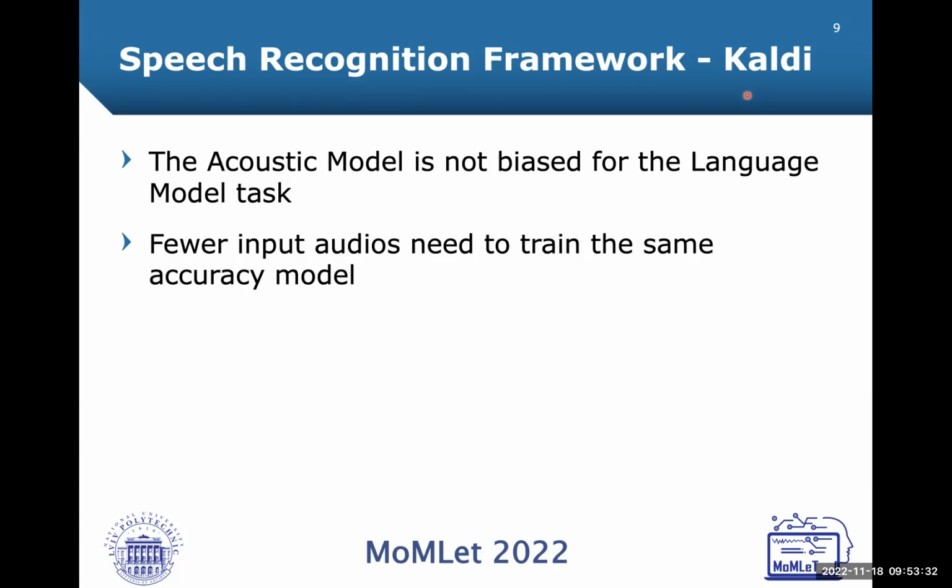So it is biased for the language model task, and you can't improve this by adding a language model because the acoustic model is already biased. Also, Kaldi needs fewer audio, so a smaller dataset is needed to train Kaldi models for the same accuracy.